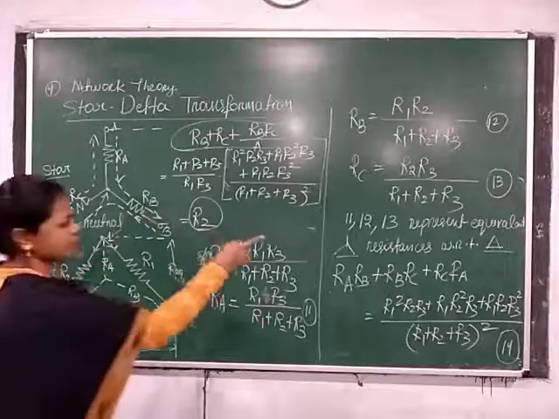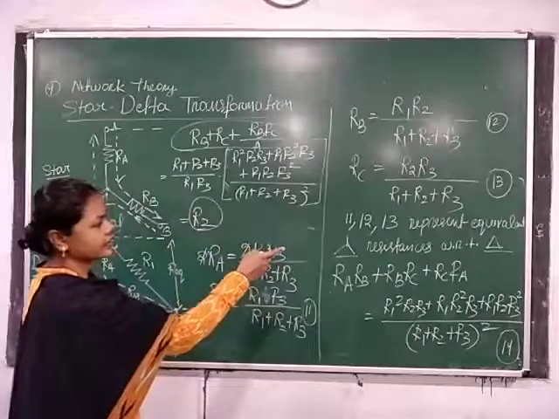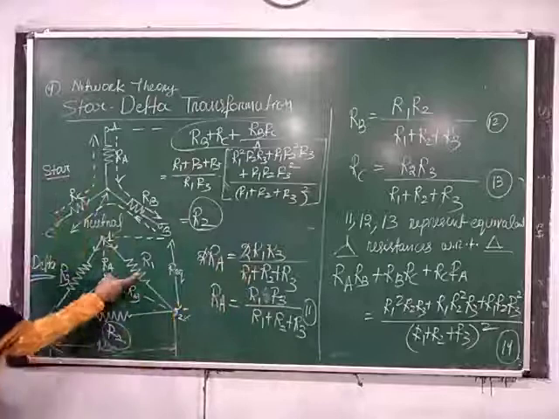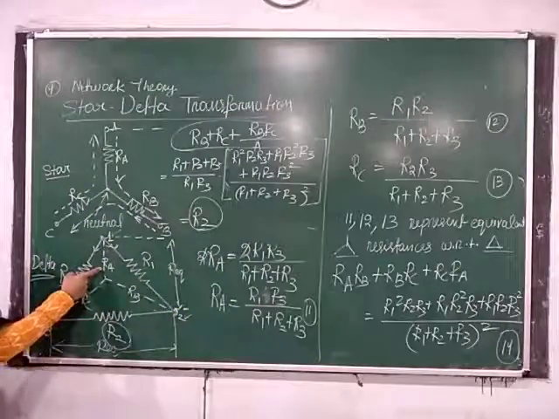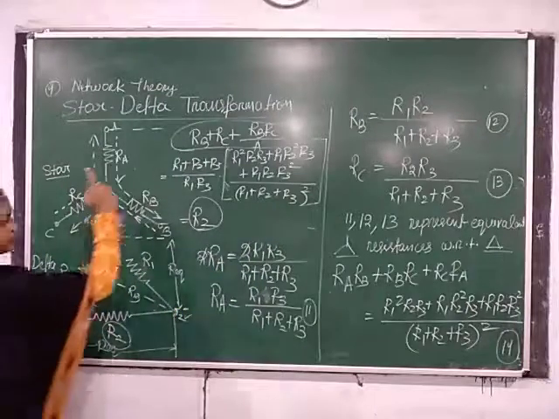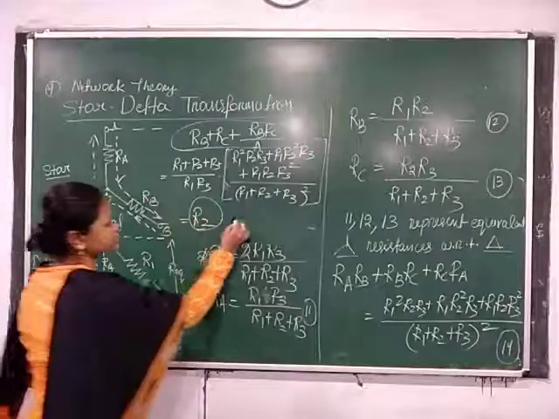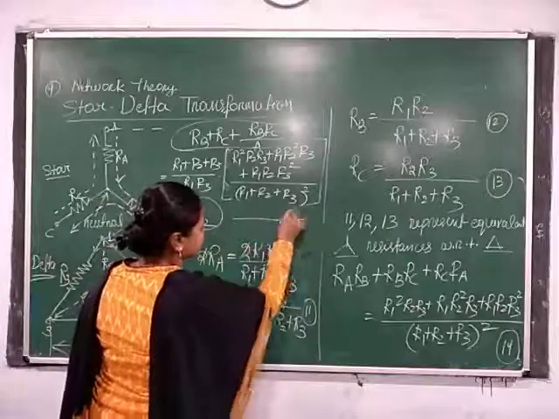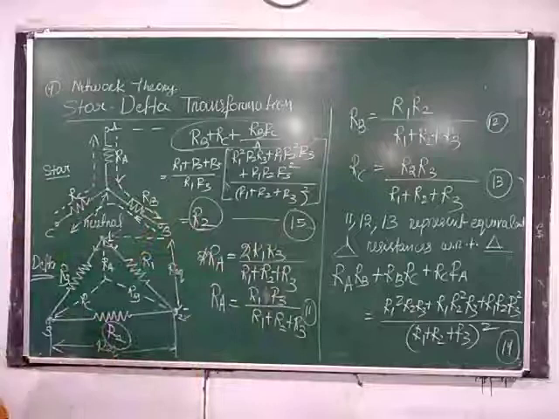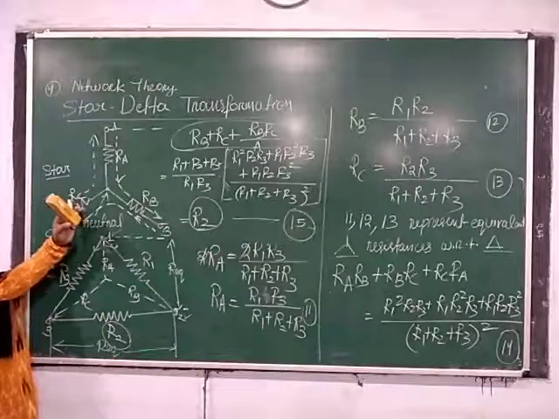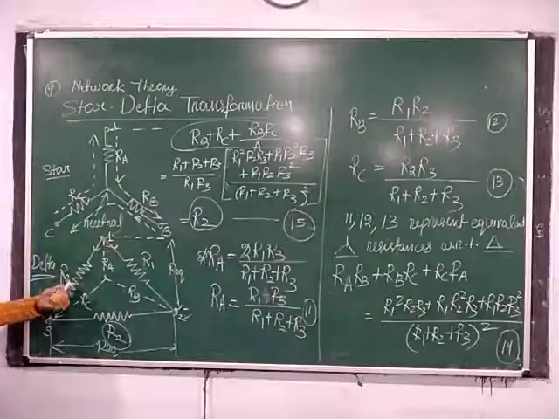In the first expression we saw how you convert delta to star. Now let this equation be 15. It shows if star is given, how you convert it into delta.